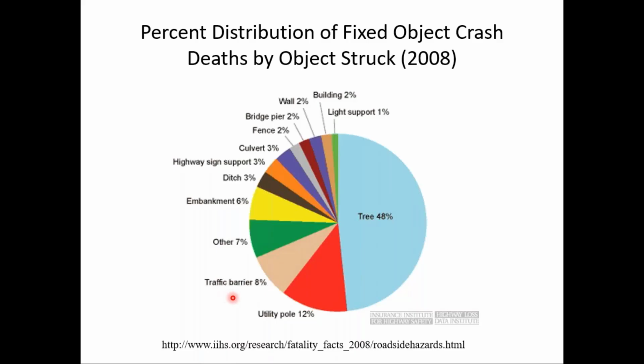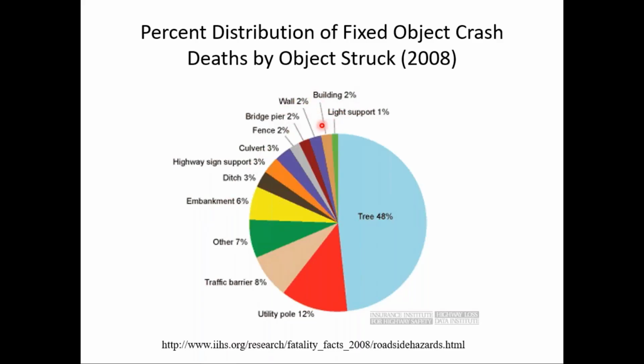So the point is these barriers themselves can be and are regularly struck by motor vehicles and cause death and injury. And then you see the more detailed breakdown here. Notice embankments, ditches, sign supports, culverts, fences, bridge piers, walls, buildings, light supports.